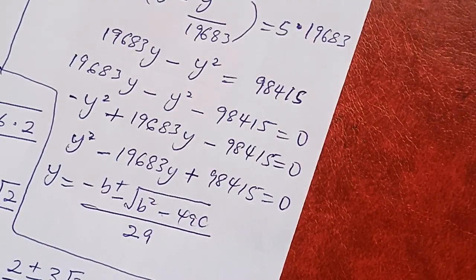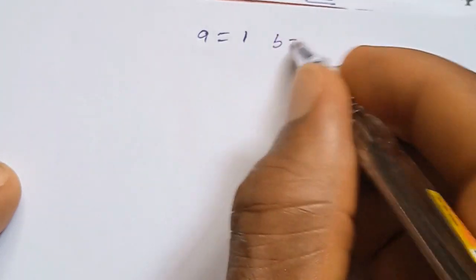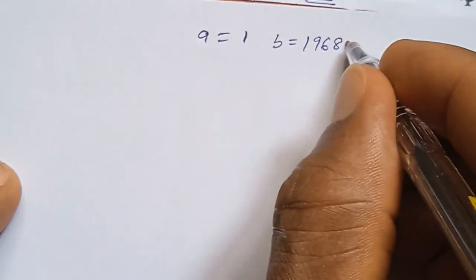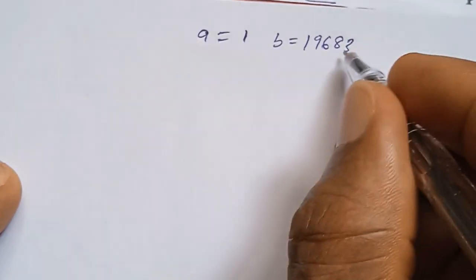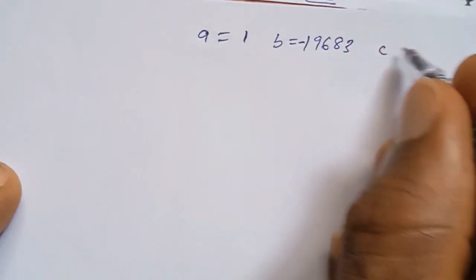So from here, our next step is to substitute the values of a, b, c. So a will be equal to 1 from the equation, then b will be equal to minus 19,683, then c will be equal to 98,415.